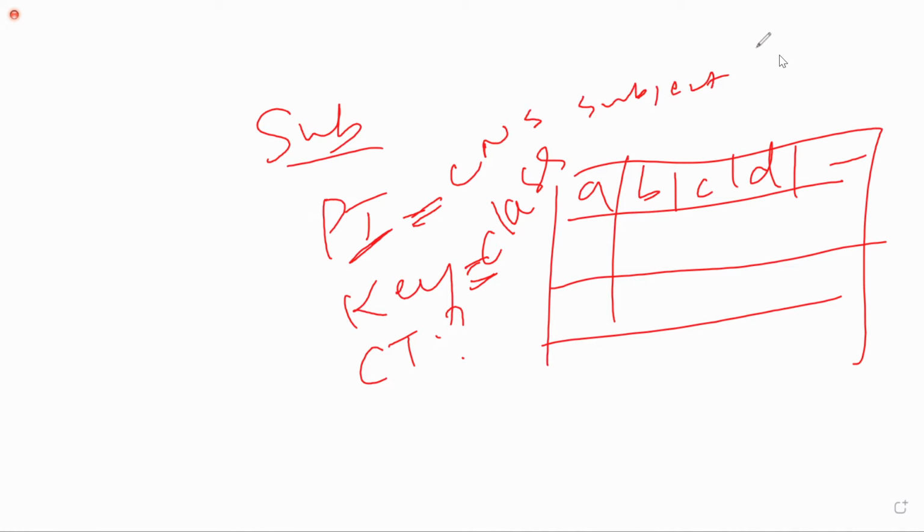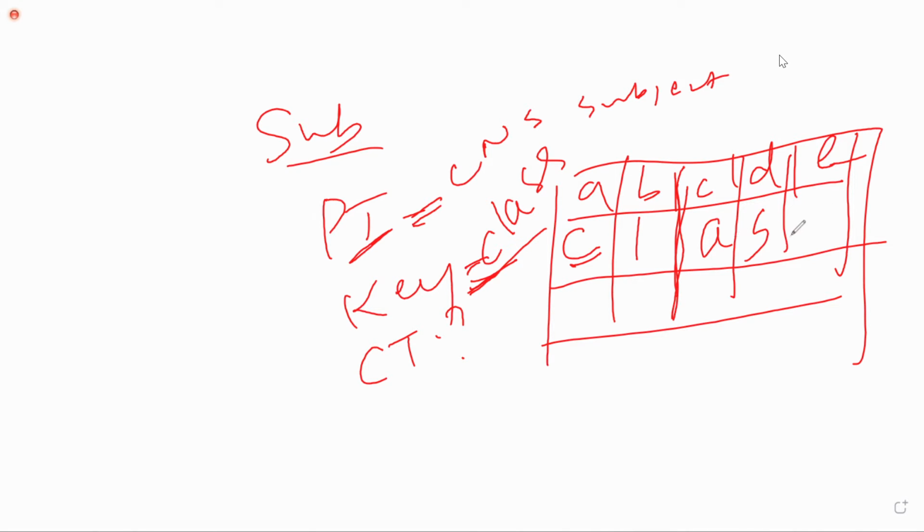So how can we do this? First we have to write the key. In place of A, we should not write an arbitrary permutation. Instead, if a specific key is there, first we write the entire key, C, L, A, S. In place of E, again S is there, but no need to repeat it, only one time.